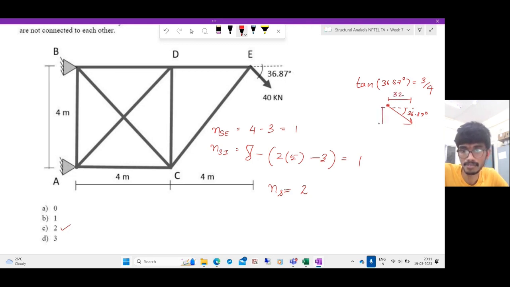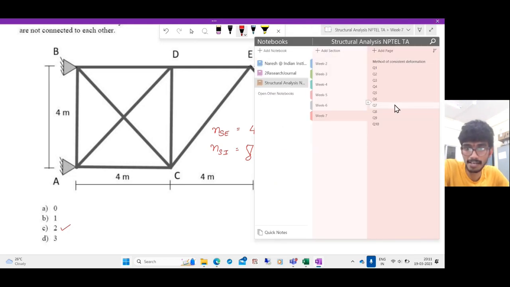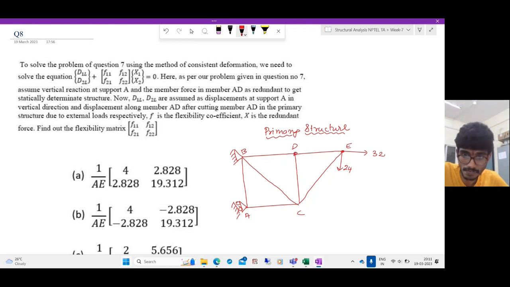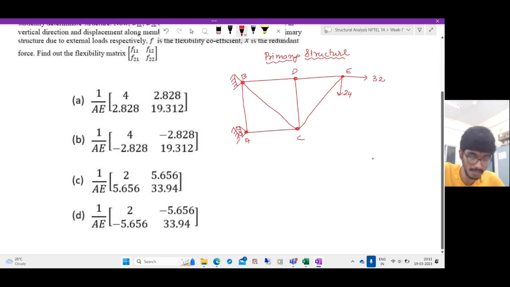The vertical component is 24. So let me represent the inclined load as a combination of these two. There's a vertical force of 24 and a horizontal force of 32 at this joint. What is the joint number? This is A, B, C, D, and E. So this is one primary structure subjected to the applied external loading.